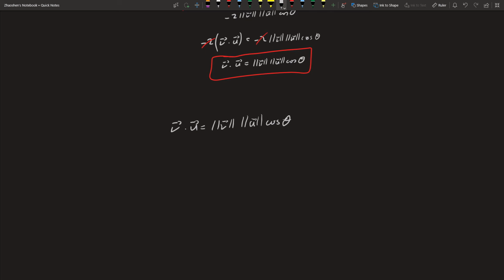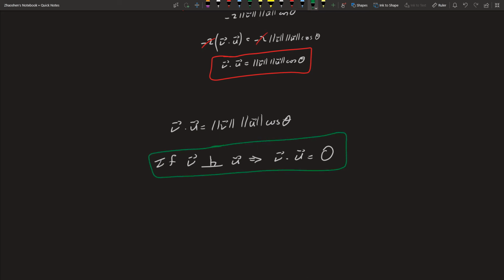That means if vector v is perpendicular or orthogonal to u, v dot u will be equal to 0, because cosine of 90 is 0 and cancels out this whole term. So this is something that you need to know, and I think it came up in the exam this week.